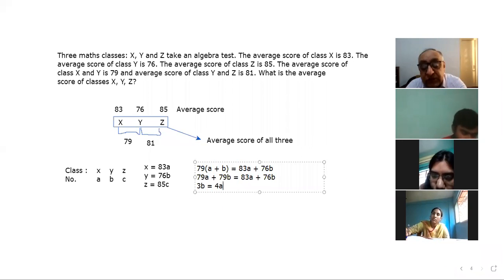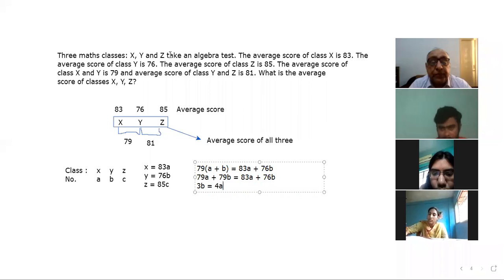That is, 79 minus 76 gives 3B, and 83 minus 79 gives 4A. Clear? Okay, so this is the one point.